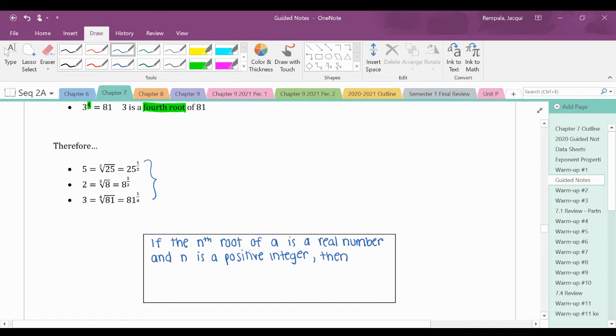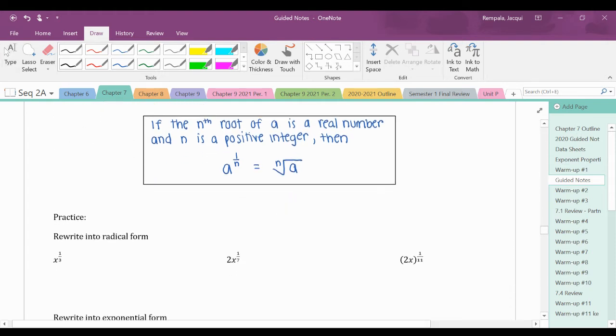Then here is our formal definition. If I have a to the 1/n for my exponent, that is the same thing as the nth root of A. So we can rewrite exponents into radicals, or we can write radicals into exponents. And so that's going to be something that's super important in this lesson. We're going to look at some examples of rewriting going back and forth.